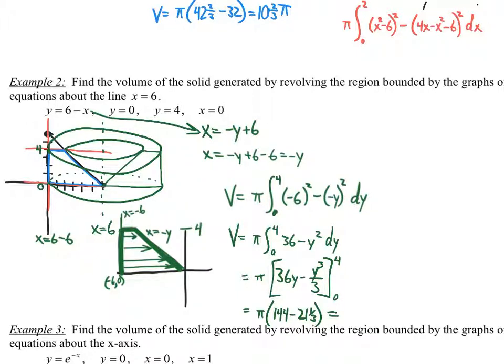So we now have 142 and 2/3 pi cubic units.